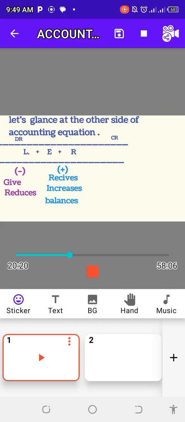That means we are right to say credit the receiving account and debit the giving account. In this set of the expanded accounting equation, it is true at all times. This will lead us to the second golden rule, because we have only two golden rules in accounting. Credit the receiving account and debit the giving account.